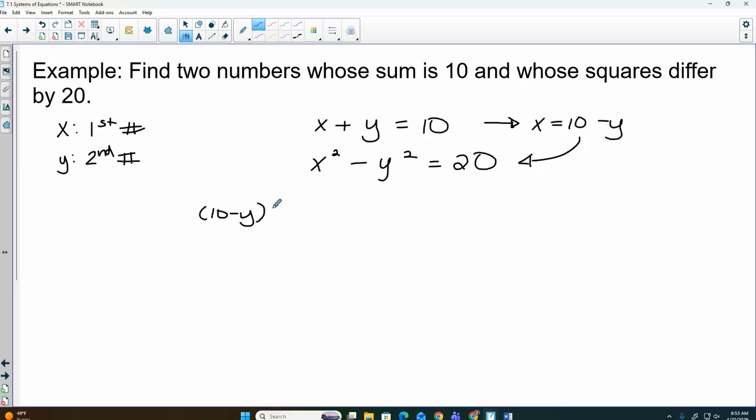We get (10 minus y) squared minus y squared equals 20. How do I do 10 minus y squared?